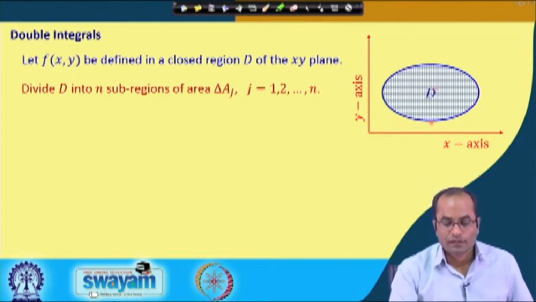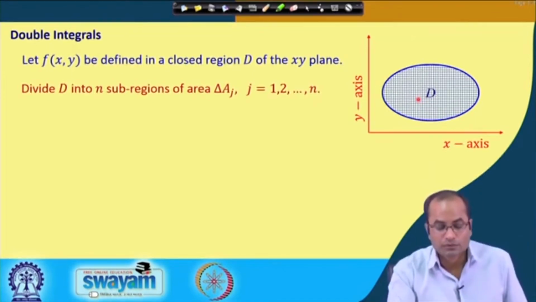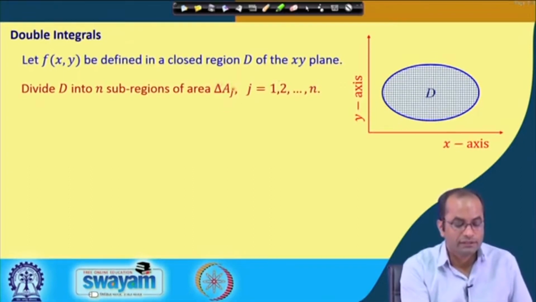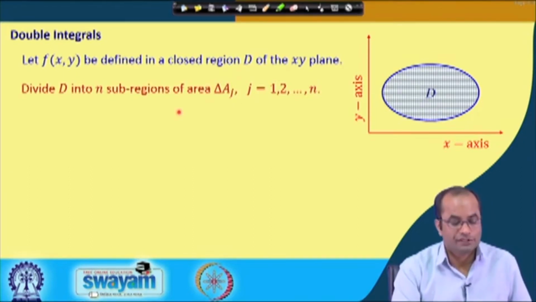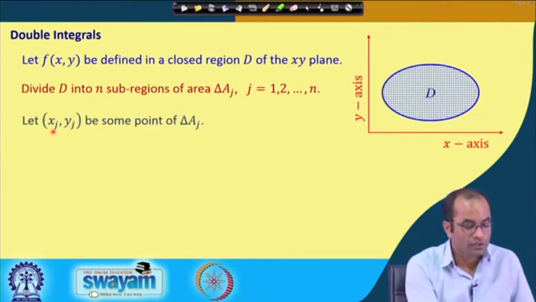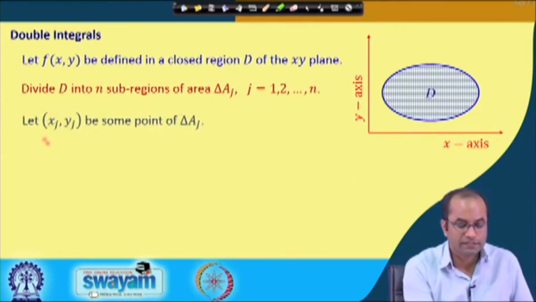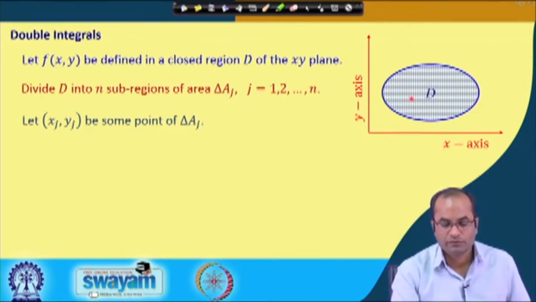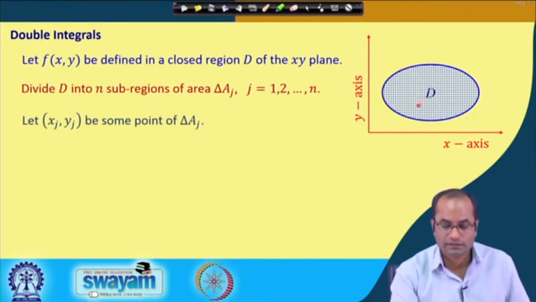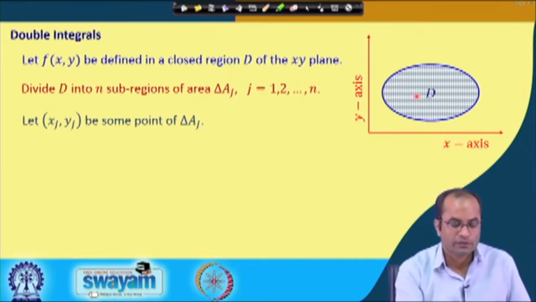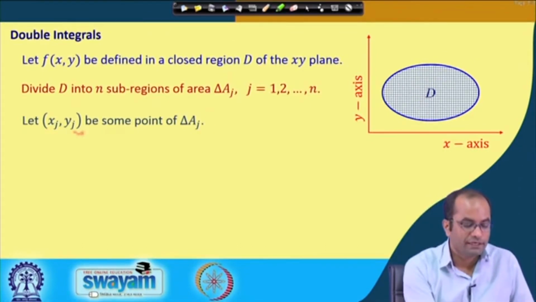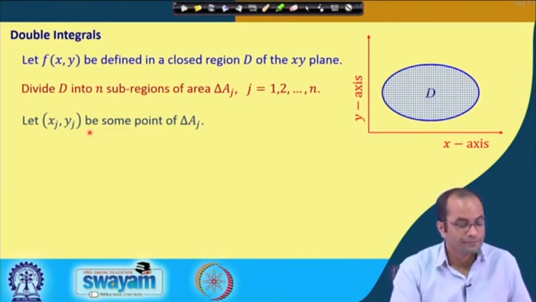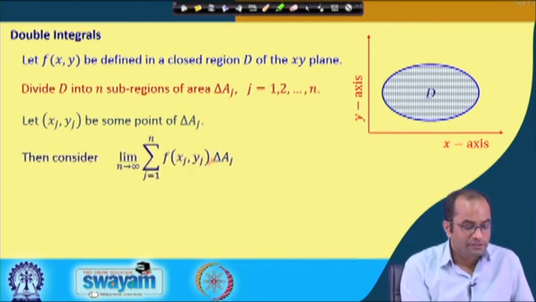So, such rectangles or squares are actually n in number, and each of them has the area delta A j. If we take a point x j y j, some point in the area delta A j, a general point, we are calling this a general square or rectangle delta A j, and we take a point there which is denoted by x j y j, and then we consider this sum.